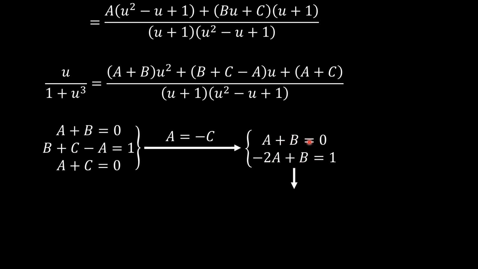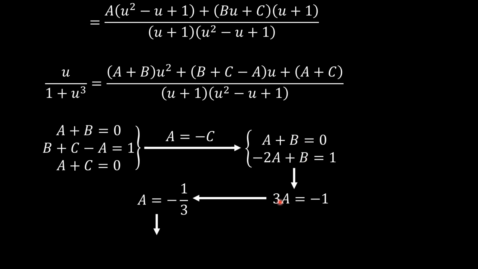So when we subtract the second expression from the first one, we get 3a being equal to negative 1, so 0 minus 1 is negative 1, and here a minus negative 2a is 3a, b minus b is 0.